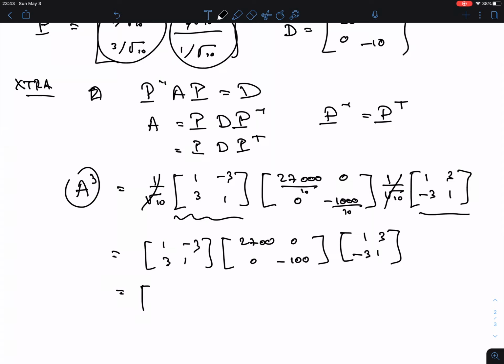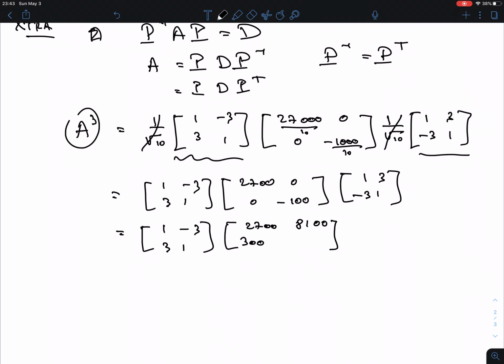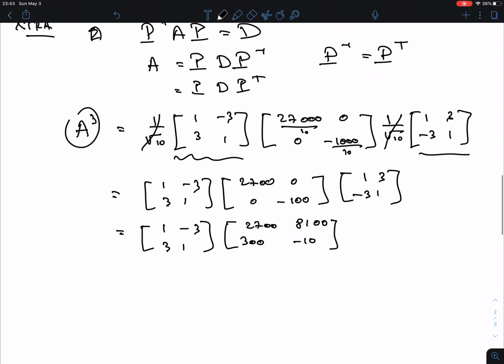Okay, so what we get, the numbers are a little bit big, but not too bad calculations. 2,700 times 1, that's 2,700. 2,700 times 3, that is 8,100. Then in the bottom, 0 times 1, and minus 100 times 3 is minus 300, so plus 300 there, and then minus 100.